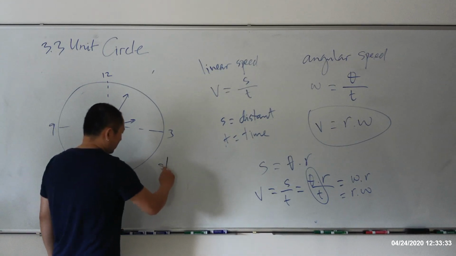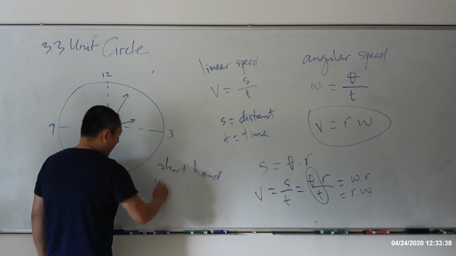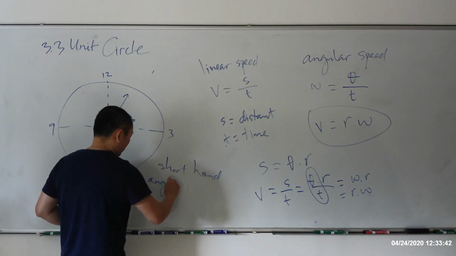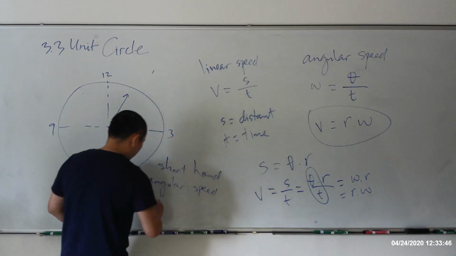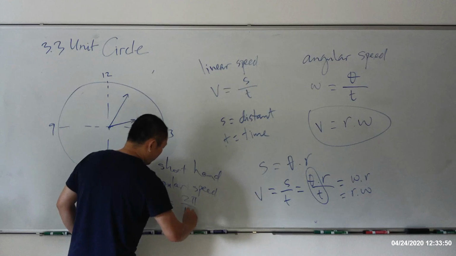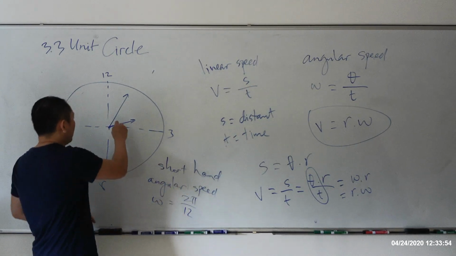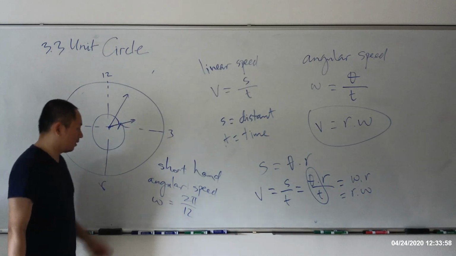So for the short hand, the angular speed omega is equal to 2 pi over 12. 2 pi is in terms of radian, which is the angle. Okay, it travels all the way from here to here. A complete circle, 2 pi.